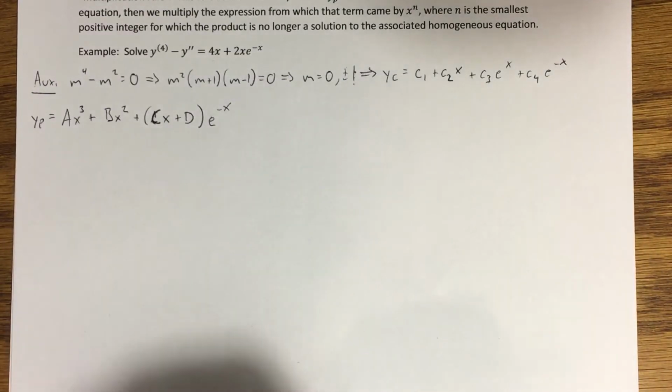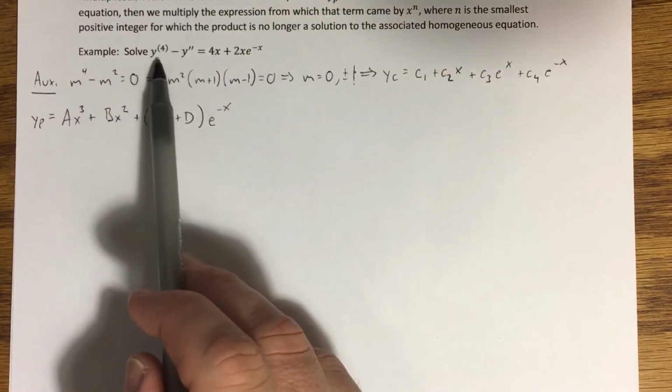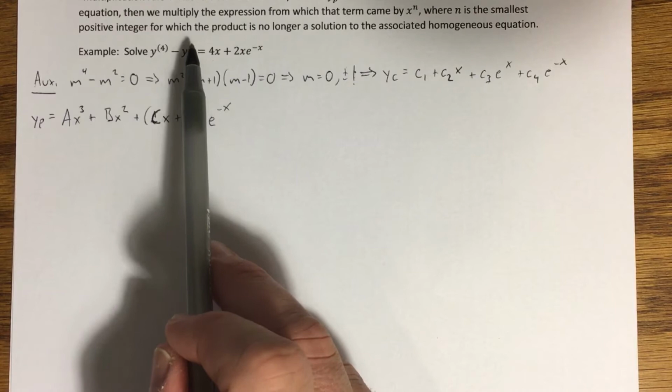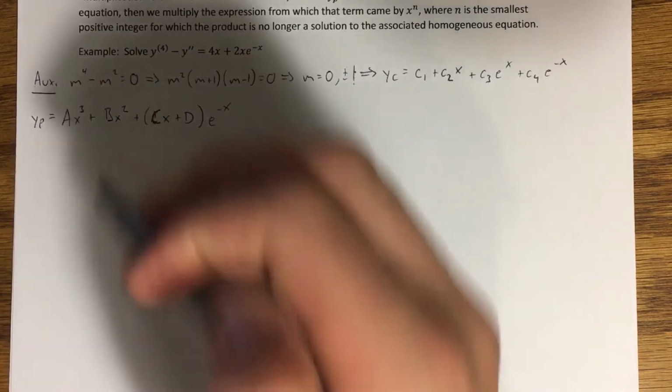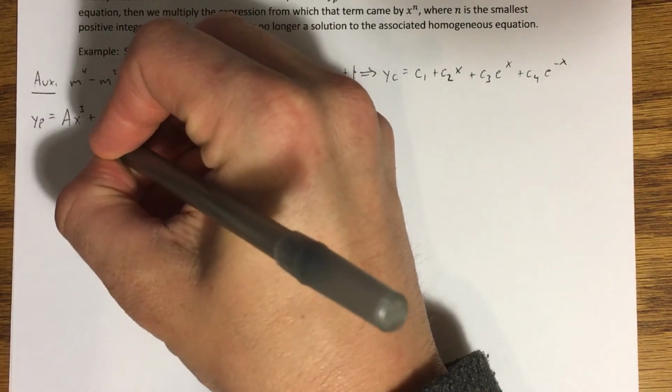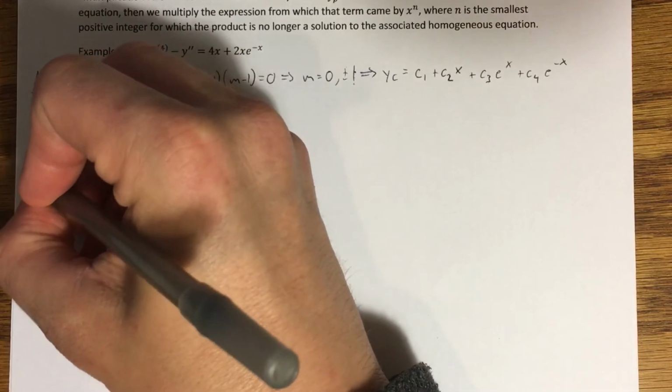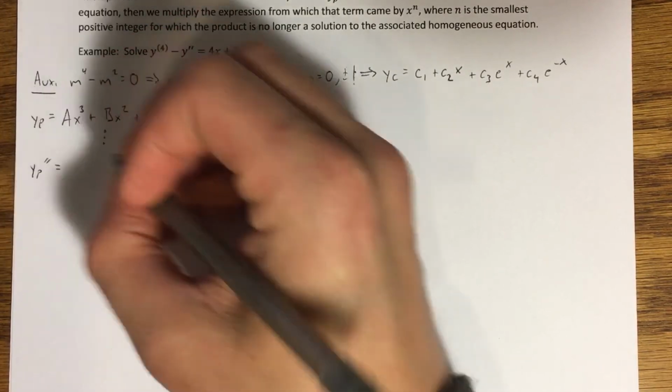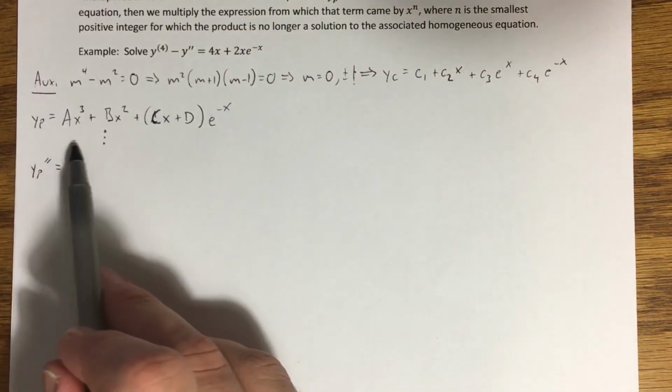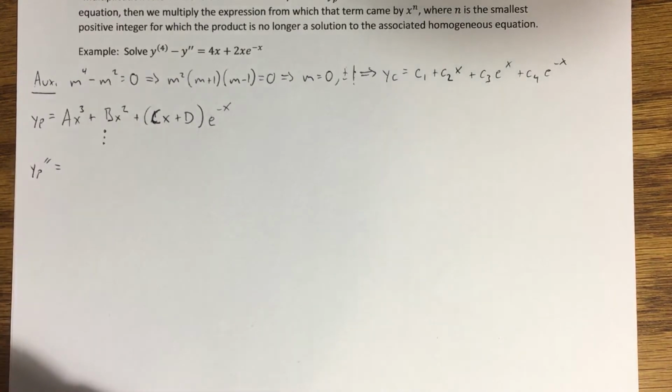So what I'm going to do here is notice that in my DE, I actually only need the 2nd derivative and the 4th derivative. So I'm going to do one of these, dot, dot, dot. What does the 2nd derivative look like? The dot, dot, dot indicates that I would have found the 1st derivative in here and then moved on to the 2nd derivative.